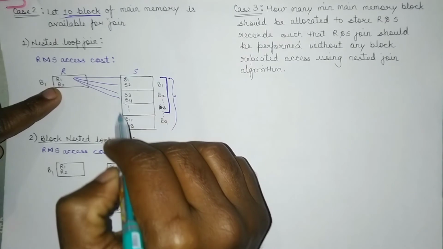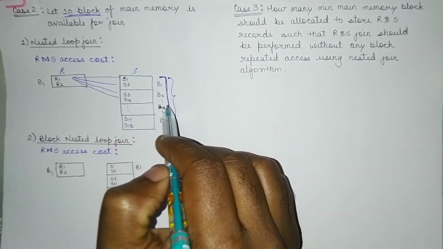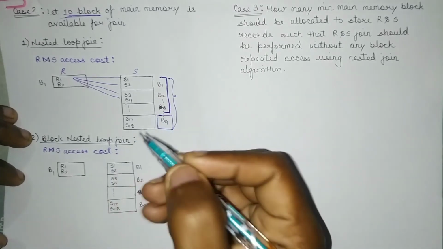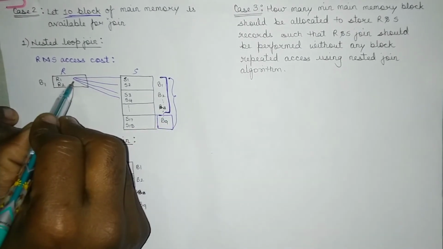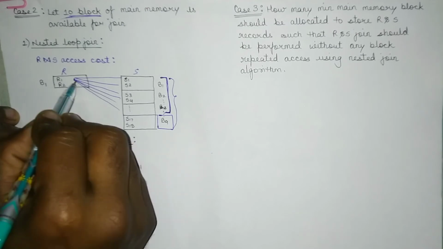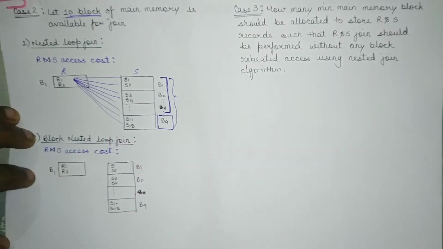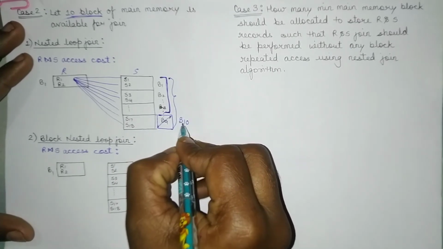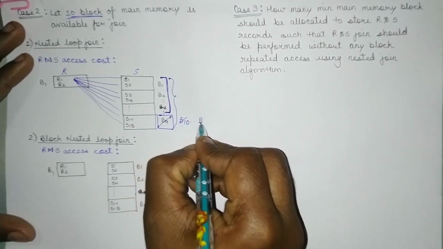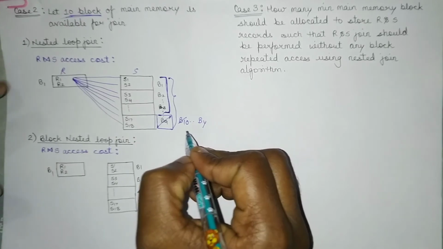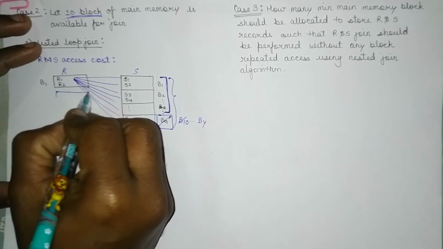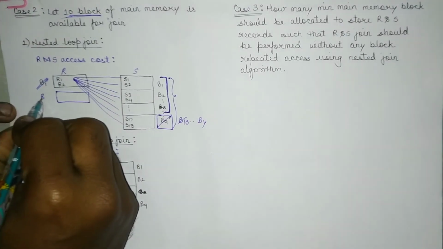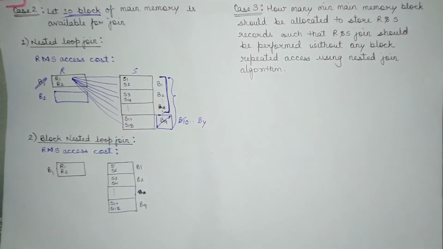So we'll be reusing these 8 blocks. Only the 9th block will be replaced with the new block. So this R1 is mapped with all the records. Once B9 is done, we will be moving on to B10, similarly up to BY, right? And once this is done, you will be taking a new block over here by replacing this and doing the same thing again and again.